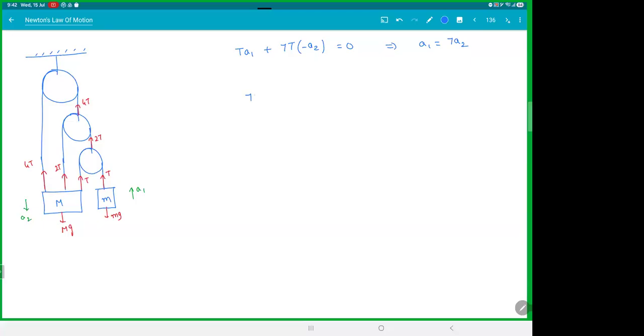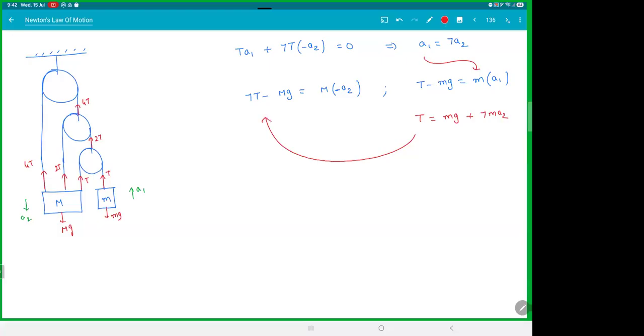Then put the constraint that will help you out and write the equations. For the big block, it is 7T minus mg is equal to m into minus a2. I'm following the sign convention strictly, up positive, down negative. I know you can take mg minus 7T, but once you're comfortable later on, you can do that. Great. Take a1 here, substitute in this. You get T is equal to mg plus 7ma2.